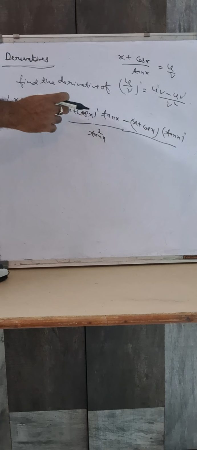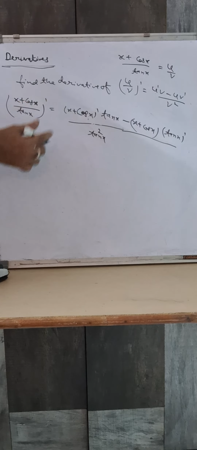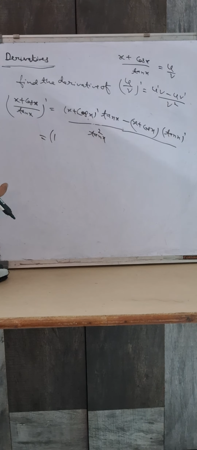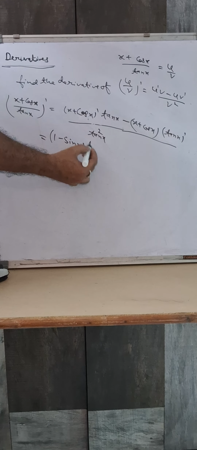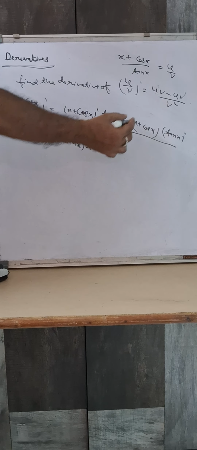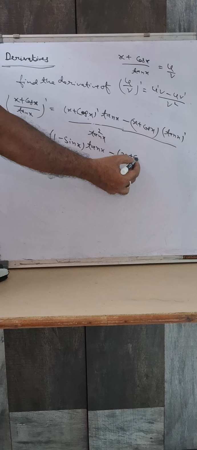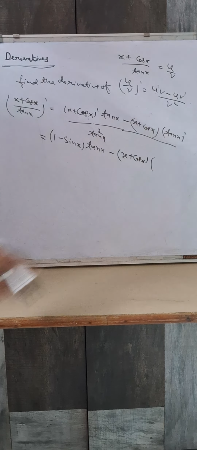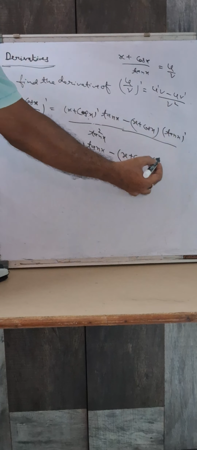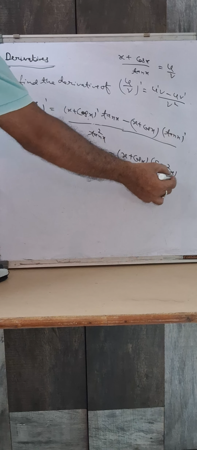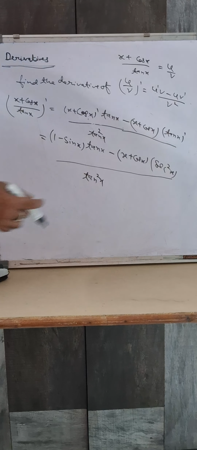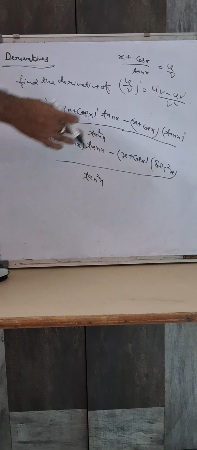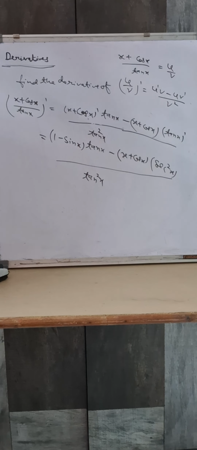Okay, so how will you differentiate? Find the derivative of x, that will be 1, derivative of cos x is minus sin x, so 1 minus sin x, tan x as it is, minus (x plus cos x), same. Differentiation of tan x is sec square x, upon tan square x. That is our answer.